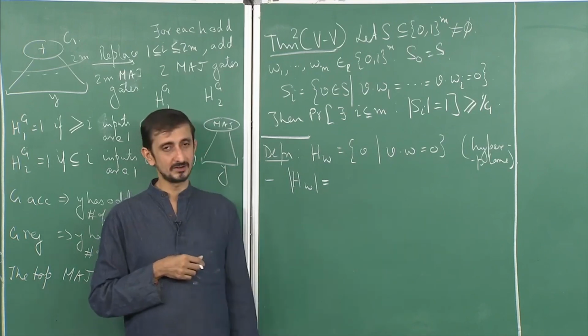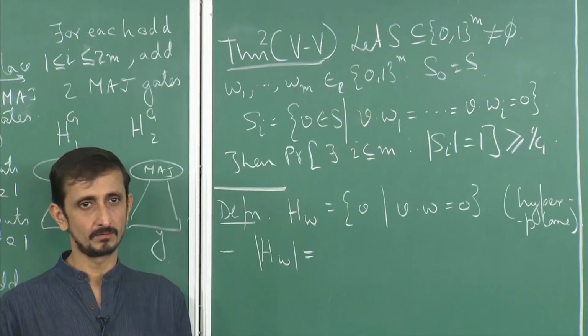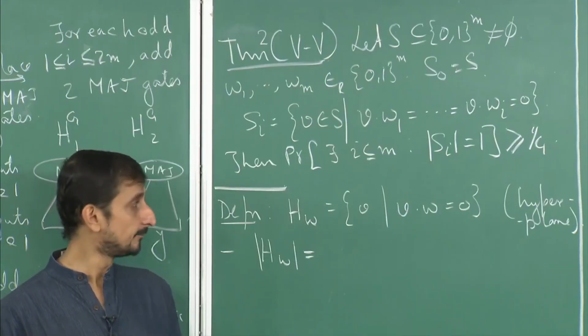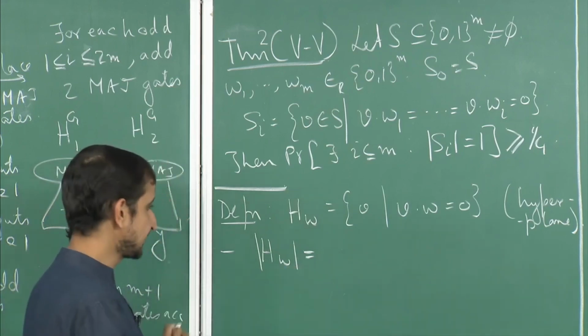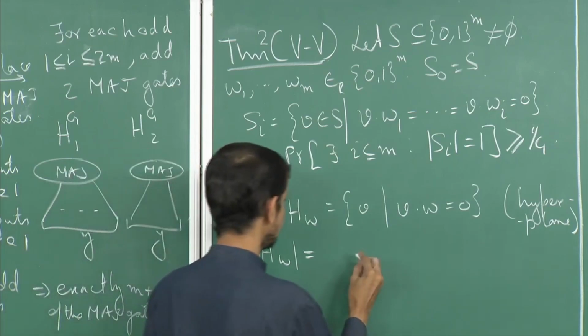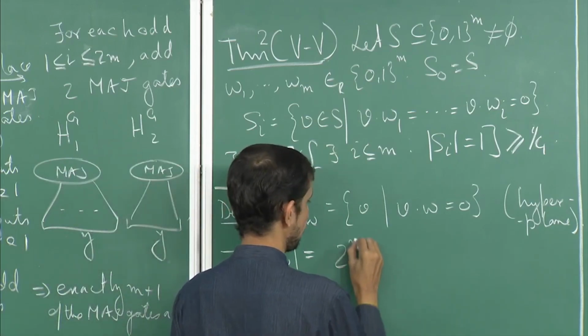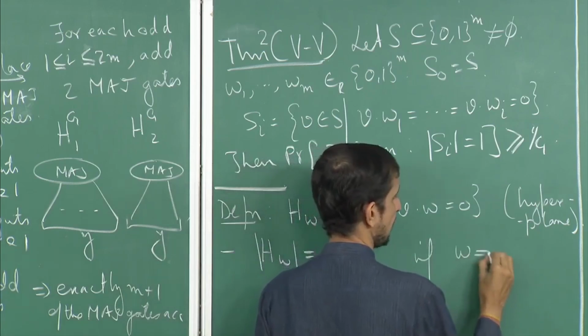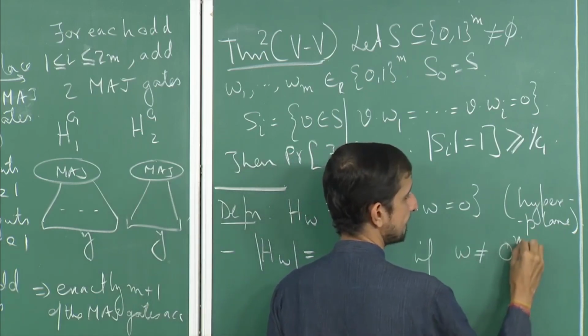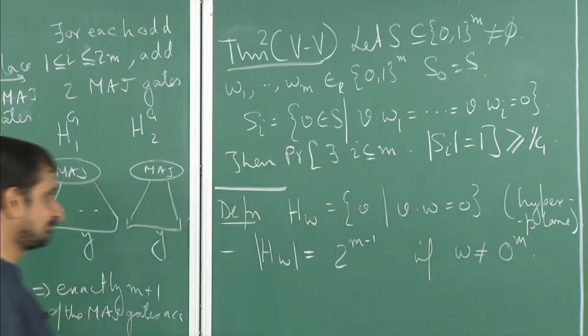So, what is the size of this subspace? If W is not the all 0 vector, then this is 2 to the power m minus 1.